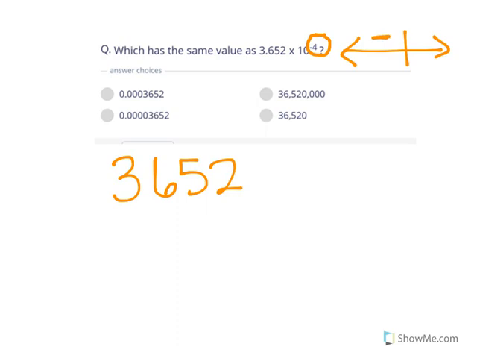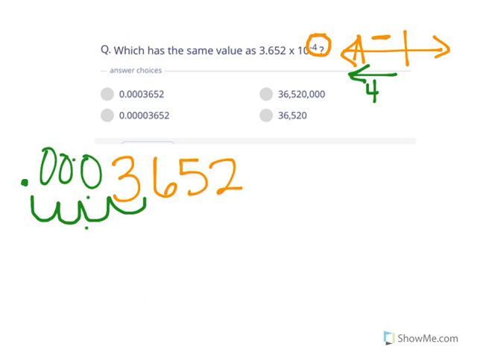If it's negative, we're going to go to the left. So I'm going to go to the left 4 times. 1, 2, 3, 4. Put little circles in my holes, and that's my answer.